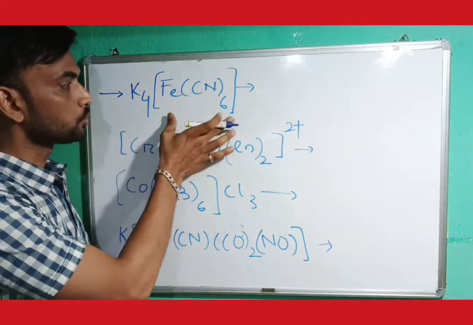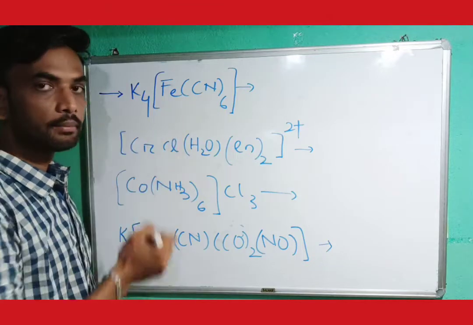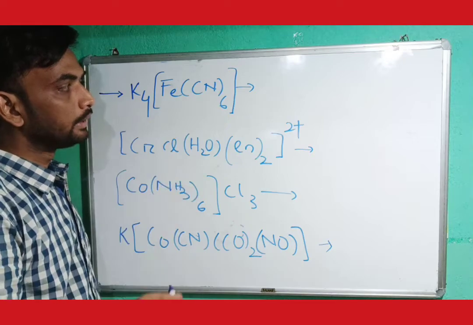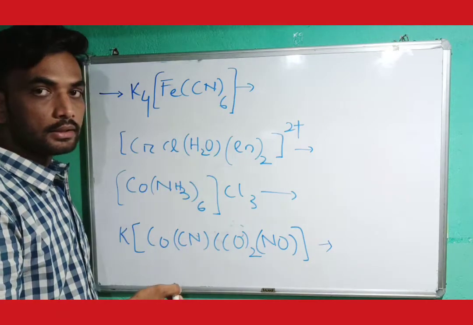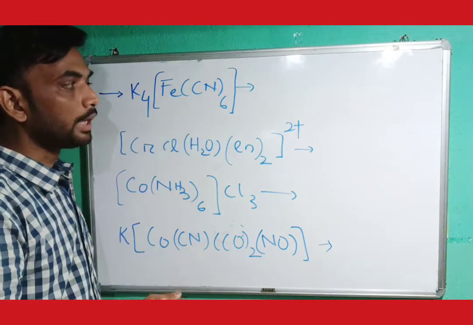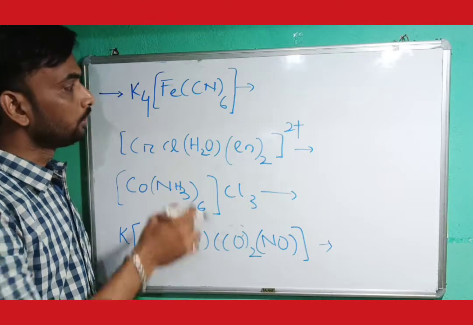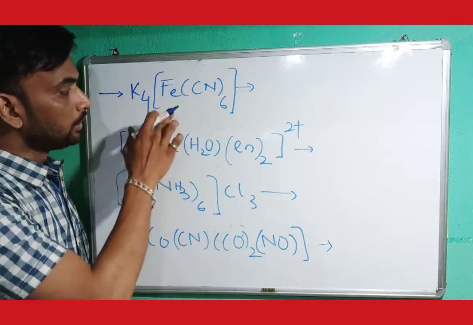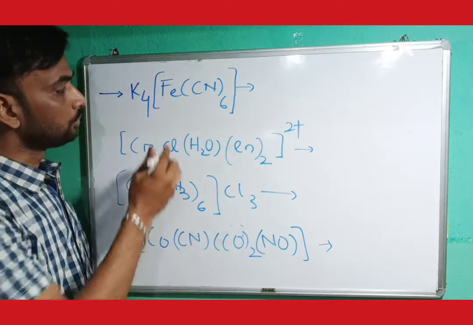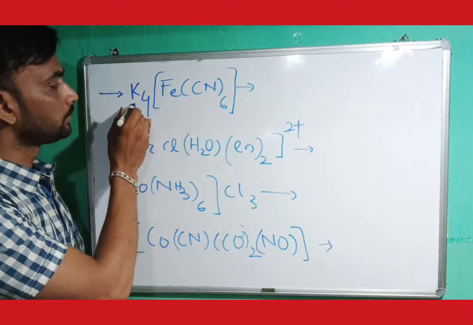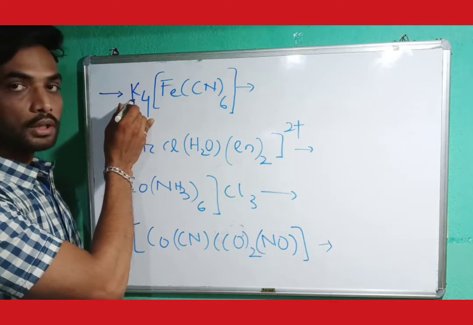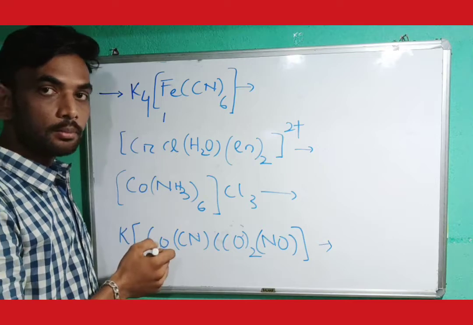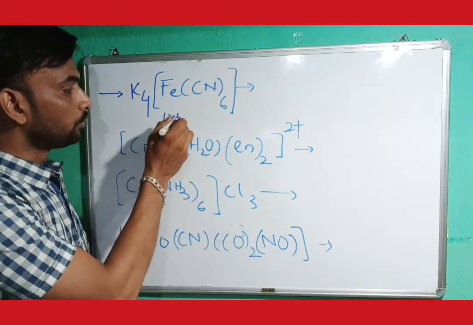Then in the square bracket, there is a central metal atom, iron, and 6 negative ligands, that is cyanide. In order to write the IUPAC name, we first calculate the oxidation number on rough paper. For potassium, it is K+, so the charge is plus 1 into 4.